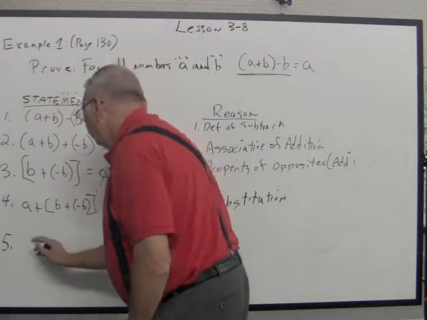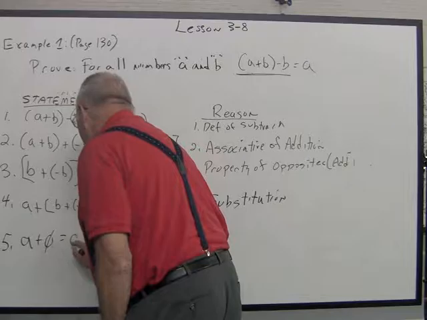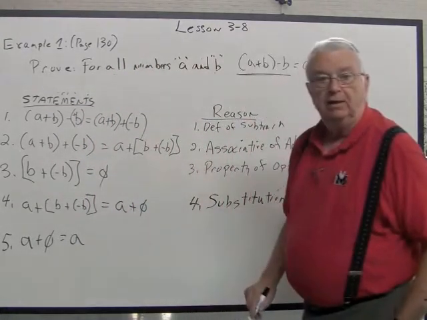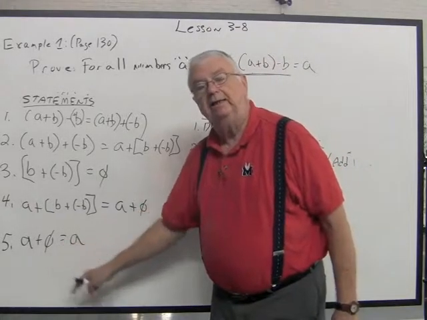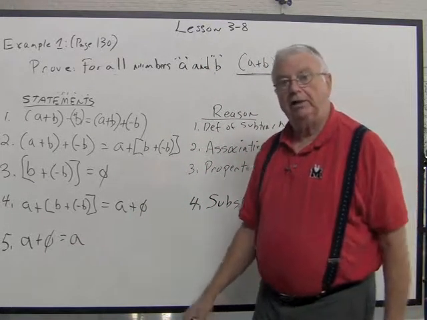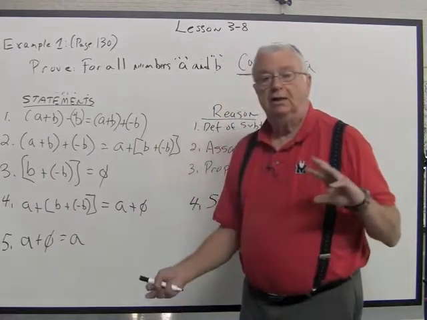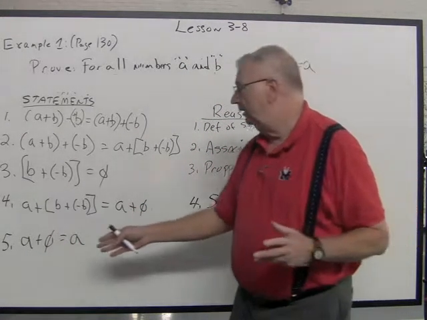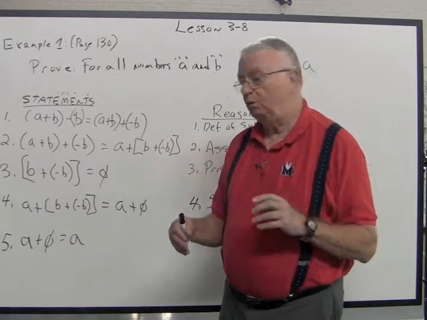Now what we're going to do is go to step 5, and we have a plus 0 equals a. If you remember, that's the identity property for addition, and the identity value for addition is 0. Just like in multiplication, a times something equals a, the identity value there would be a 1.